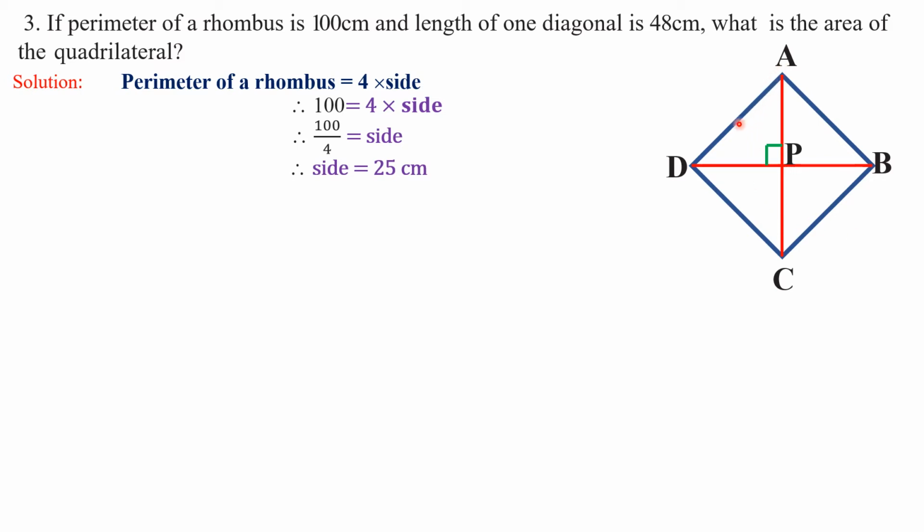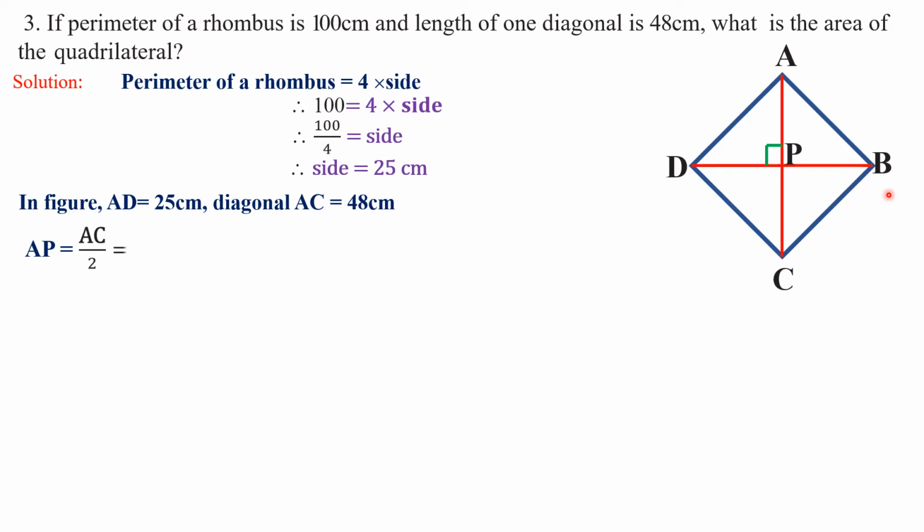Side AD is equal to 25. In the figure, AD is equal to 25 centimeter. Diagonal AC we take as 48 centimeter. Here we find out the diagonal BD. So diagonal BD we find out first.